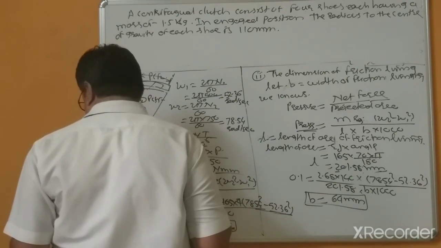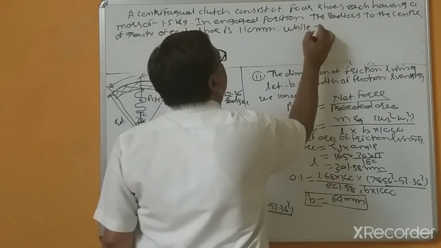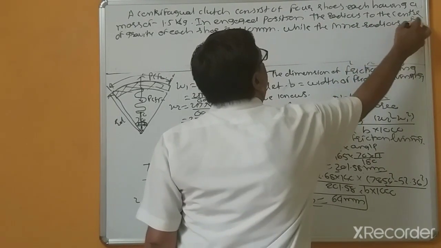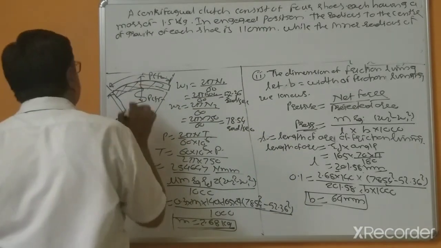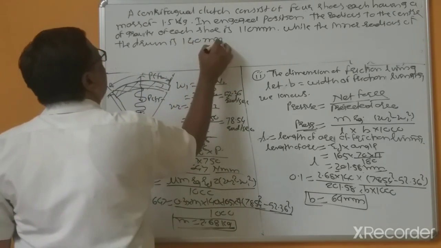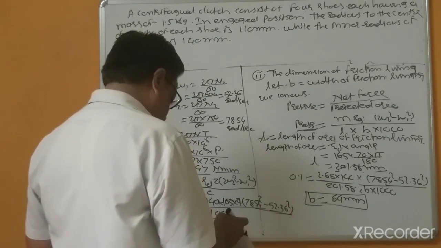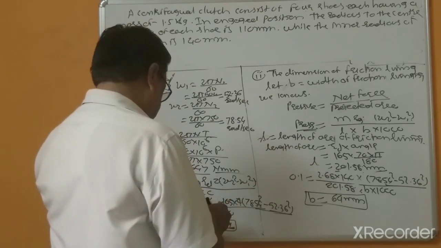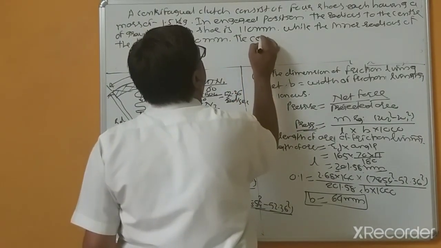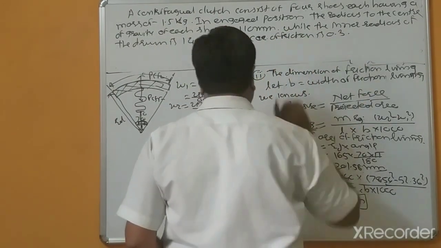while the inner radius of the drum is 140 mm. The coefficient of friction is 0.3.